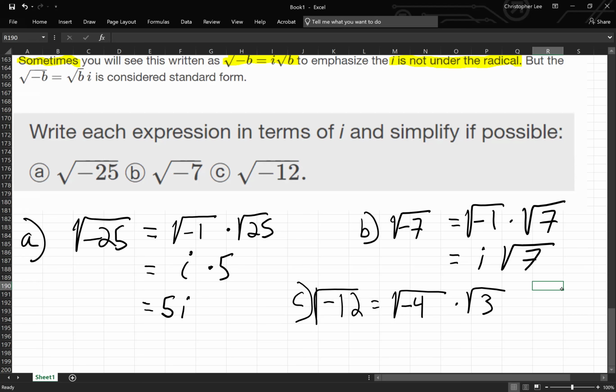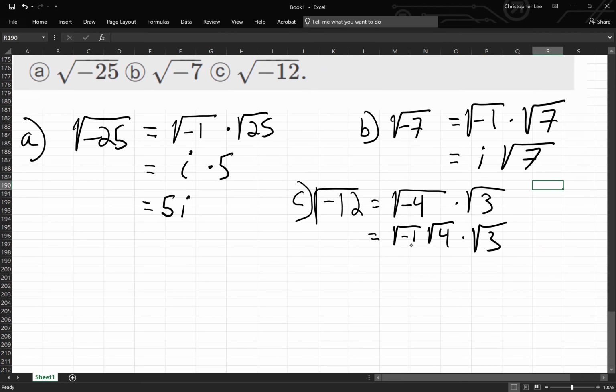Now, the square root of negative 4, that's going to become what? Square root of negative 1, square root of 4, times square root of 3. Now remember, the square root of negative 1 is i, and the square root of 4 is 2. So the final answer is 2i square root 3.